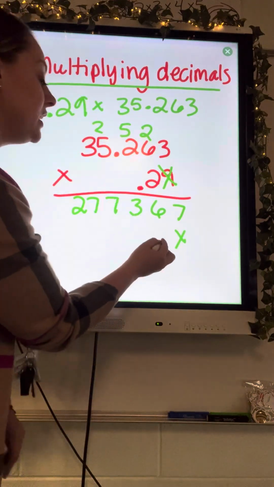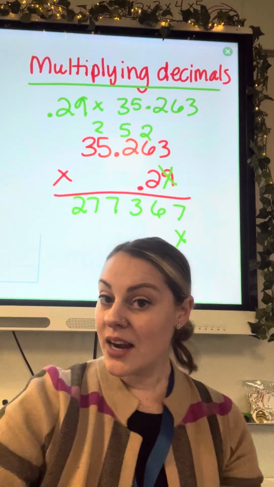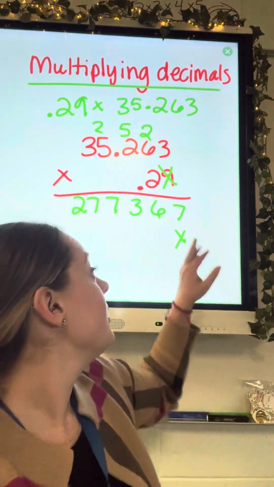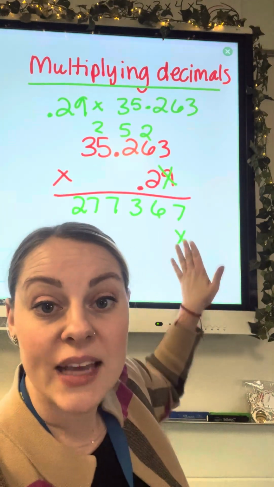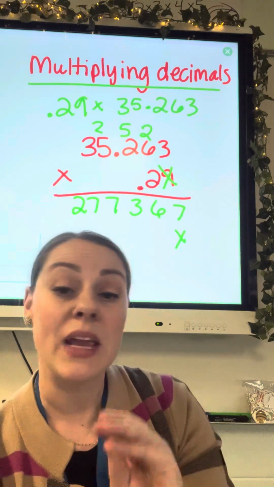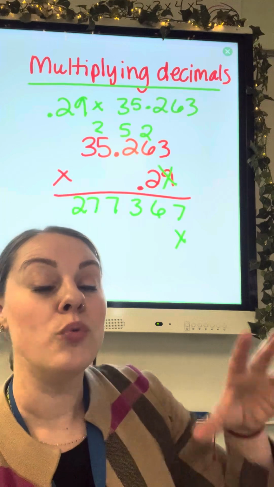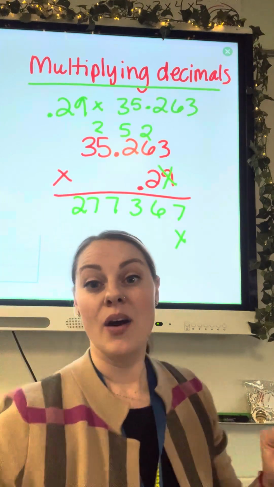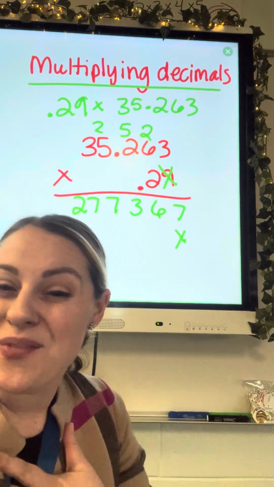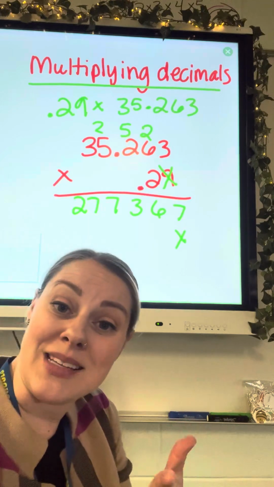We start here. Now this is really big. A lot of teachers teach that you put a place value holder, and some of them do explain why, but some of them don't. A lot of times my kids don't know why we do that. So, and I don't necessarily know if this is really the reason, but it makes sense to my kids.